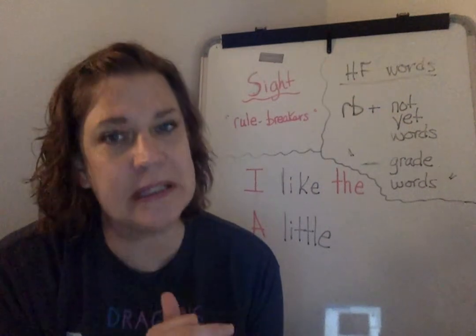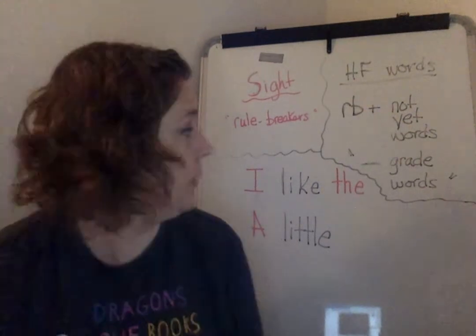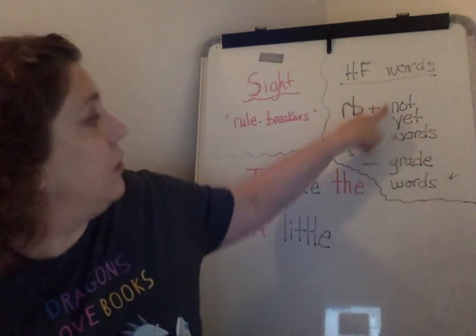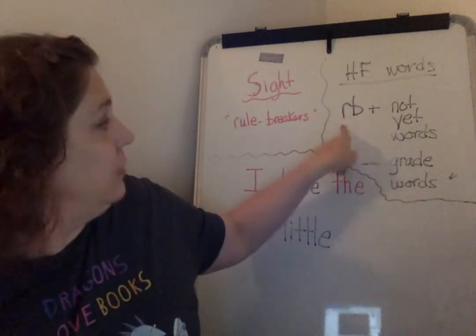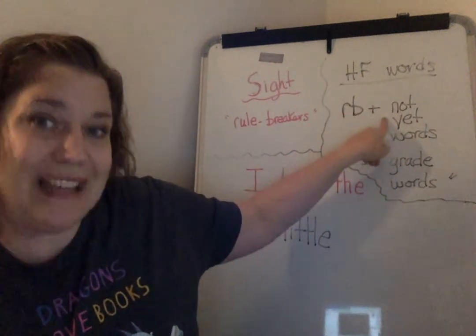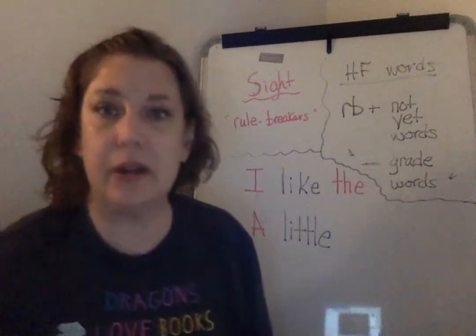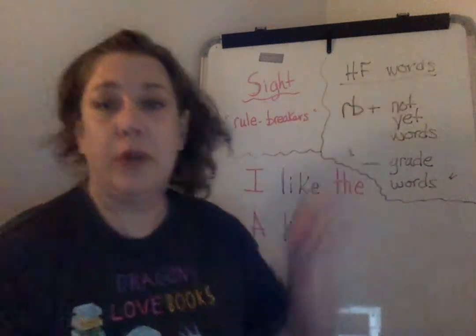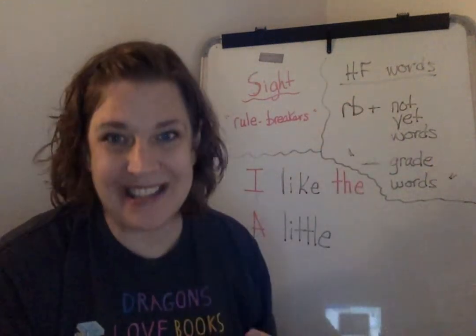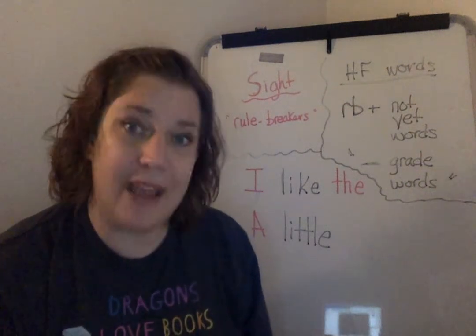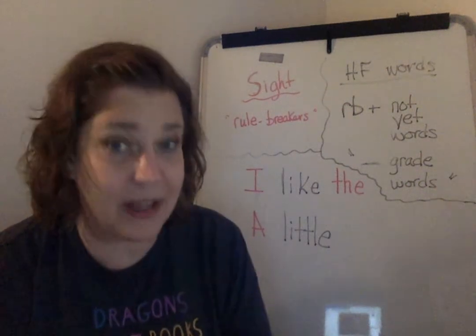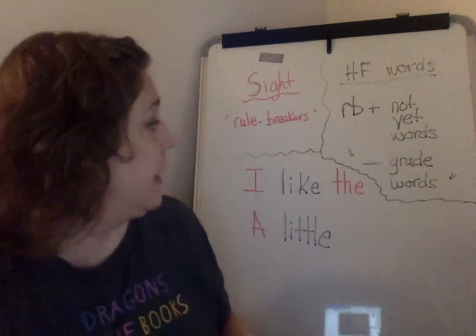Oh, it's an important distinction, and I'll get to why, all right? So I call them not yet words, all right? Irregular words, rule breakers, plus not yet words. And in reading pedagogy today, we mainly teach what we call high frequency words as they come. And we often don't make a distinction between the two, but I'm going to tell you why it's important to do so in just a second.